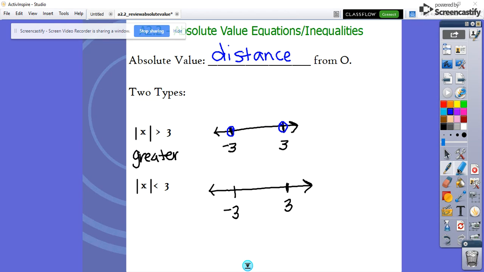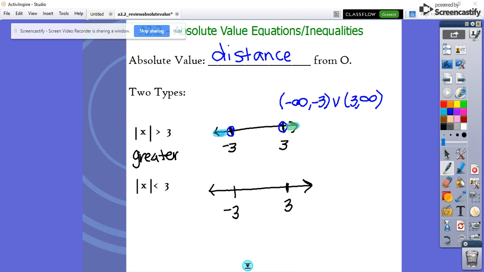More than 3 units from 0 means we are farther from 0, so we are here. We are out here on the edges. Okay, so going back to what we did at the very beginning, interval notation for this answer will be negative infinity to negative 3 union 3 to infinity.